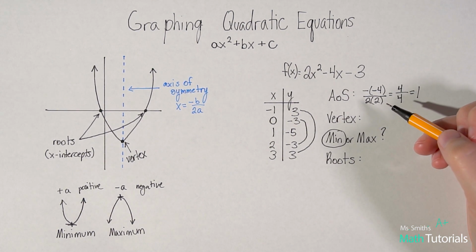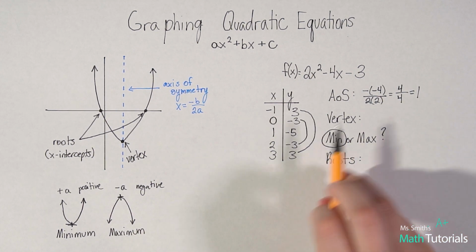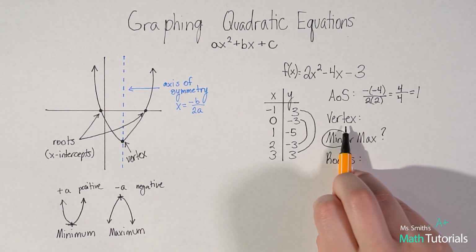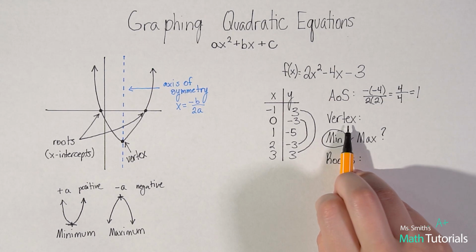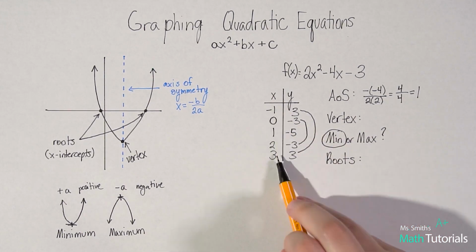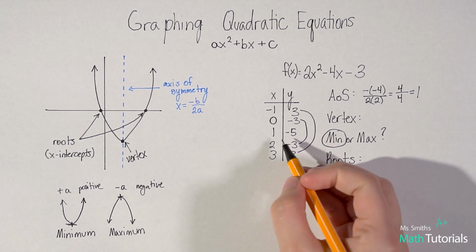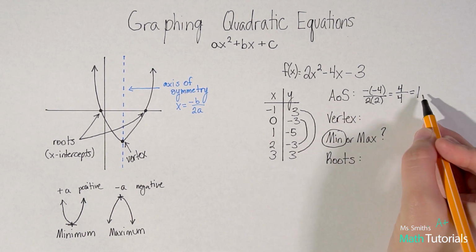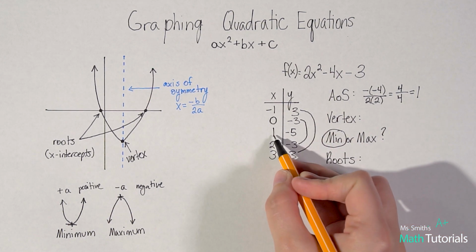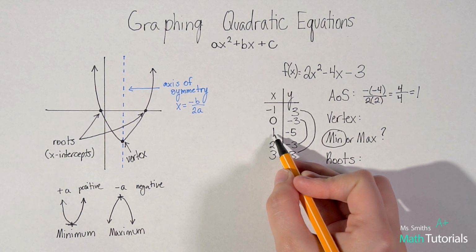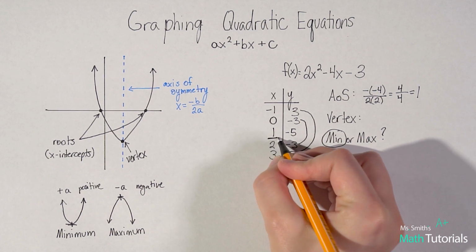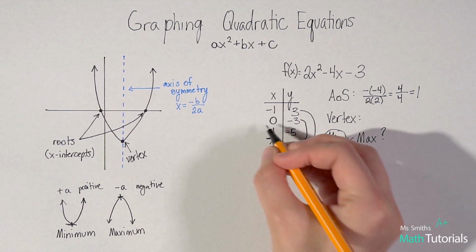Something's not right. Okay, so in order to find my vertex, there's 2 different ways I could do it. One is literally just by looking at this, okay? Your axis of symmetry value is your x value of your vertex. So this was kind of the point that we plotted, right?